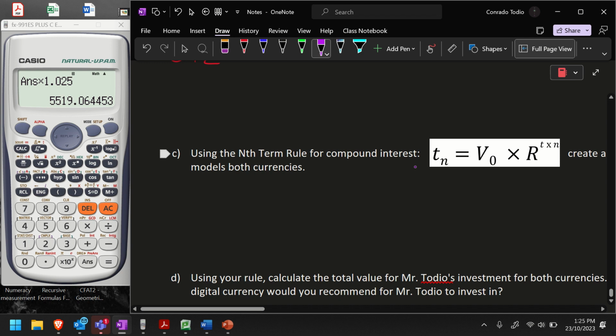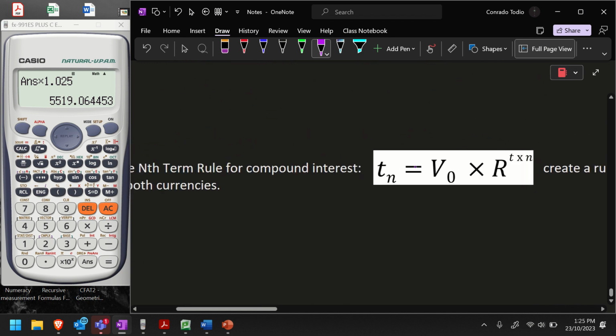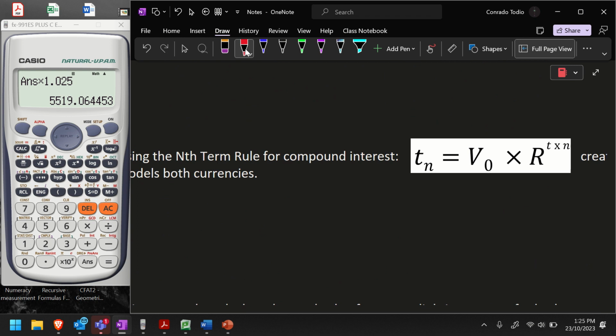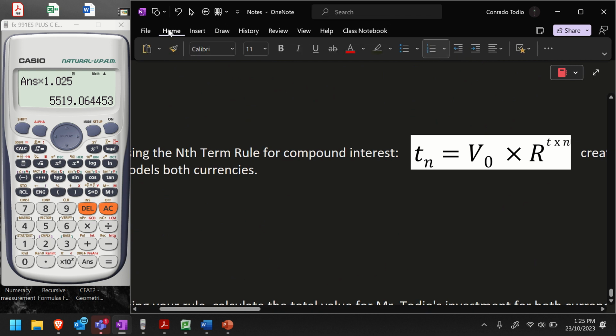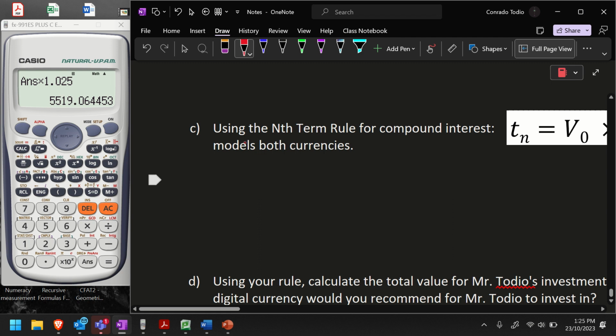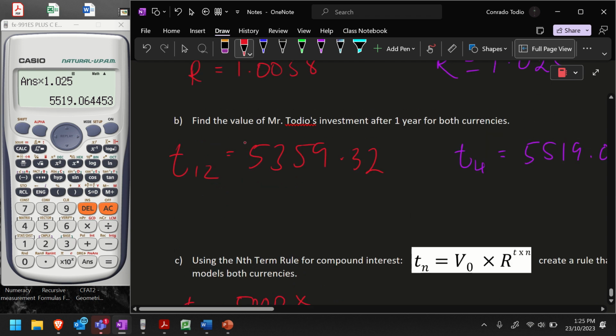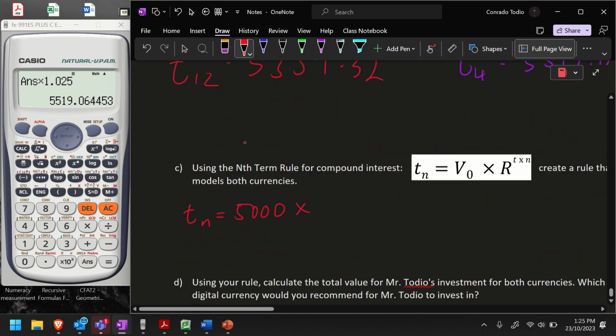So for this question, we need to make a rule for both of them. For Bitcoin, your rule is going to look like this. Tn equals, V0 is the same for both of them. It's going to be 5,000 times, now, what was the R for Bitcoin? 1.0058.